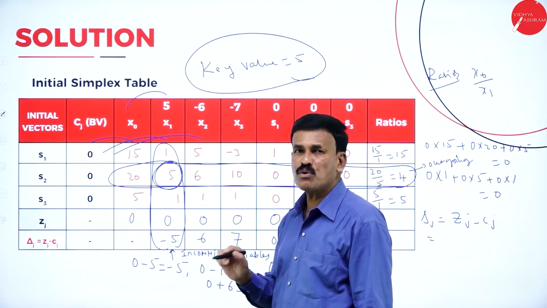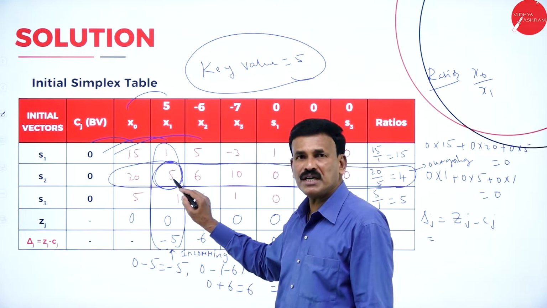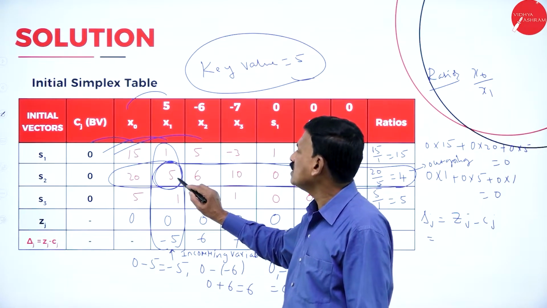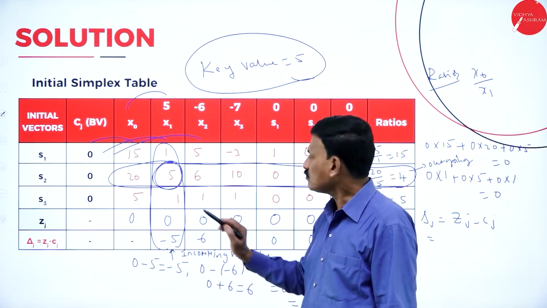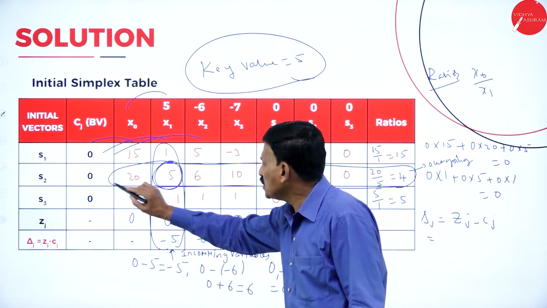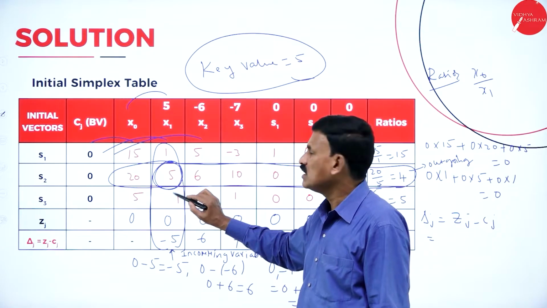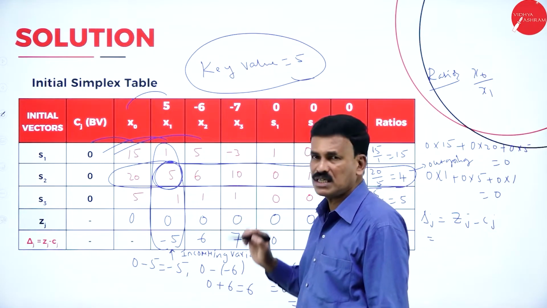Now the first important point to be observed is to convert this 5 into 1. How to convert this element 5 to 1? Divide this entire row by the key element. 5 is the key element. So divide this S2 row by 5 so that it reduces to 1, and convert the remaining two elements to 0 and 0.